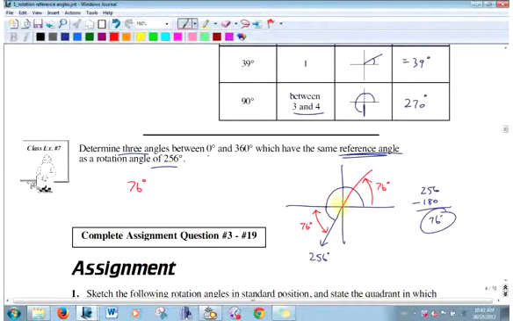I need two more. That means I need all of them, right? So for this one, to have an angle of 76 degrees, how do I get from here to there? Subtract it from 180. 104 degrees will also have a reference of 76.